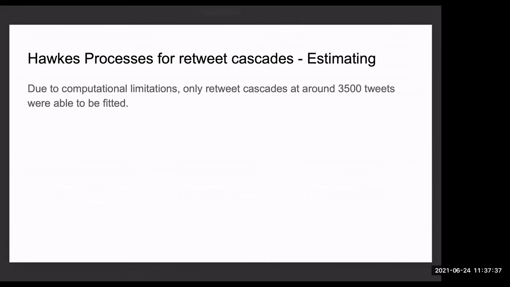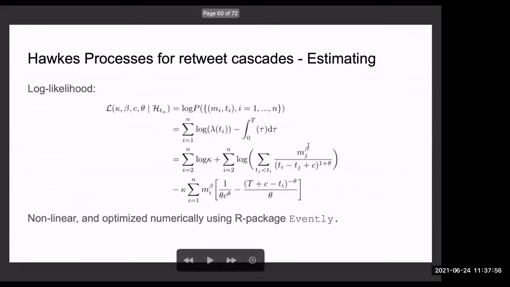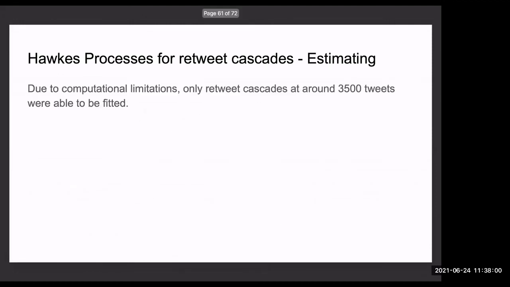We had this pretty huge machine with 60 gigs of RAM and 16 cores, and although we could not fit retweet cascades larger than around 3,500, due to this slow numerical optimization, we ran out of memory.